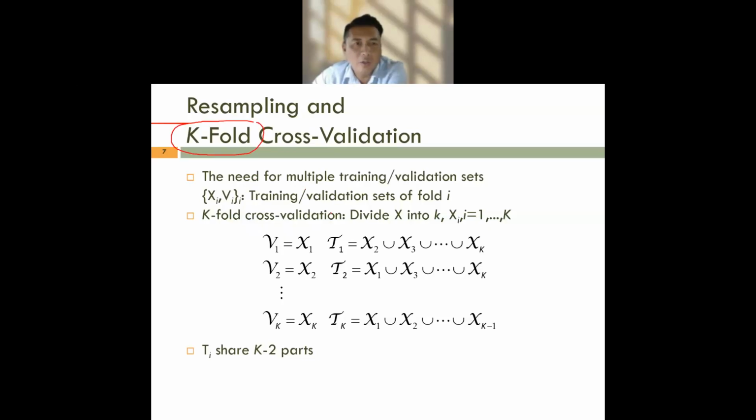Okay, so in this case, this is your training data set. This is your validation data set. If I say that I have k-fold, let's suppose we have 5, 5-fold, meaning that I will have 5 validations.